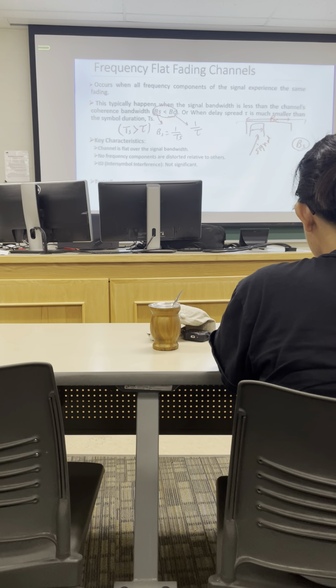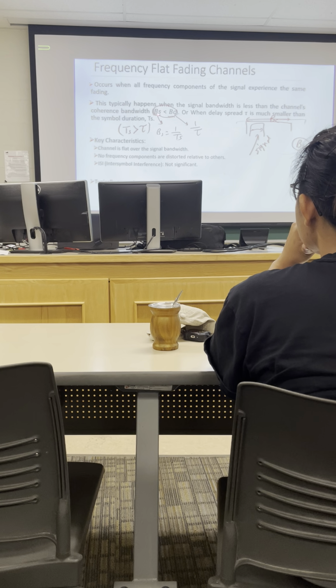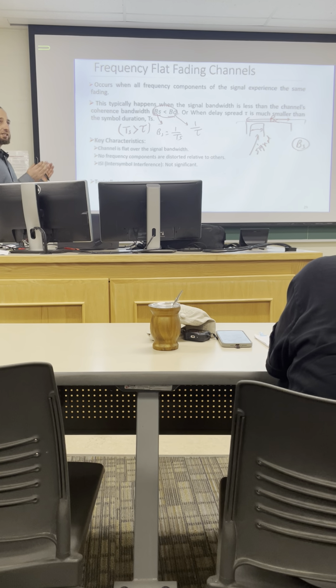So this increases the chance that the bandwidth of the signal will be smaller than the coherence bandwidth, and then in this case you will have fading, but it is the easy type of fading, which is flat fading. So typically with a narrowband signal, the bandwidth itself is relatively small.